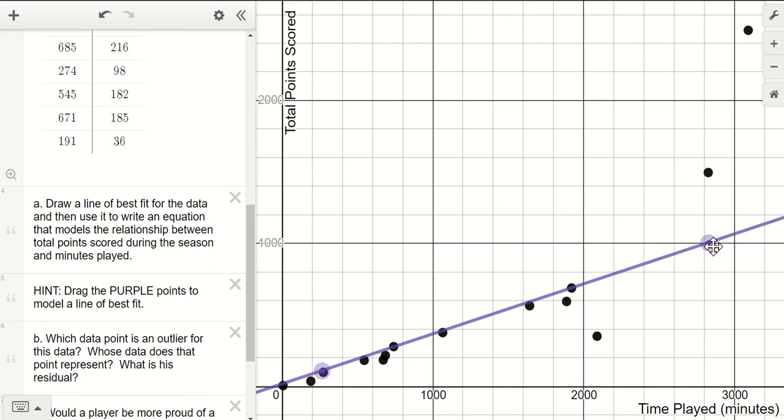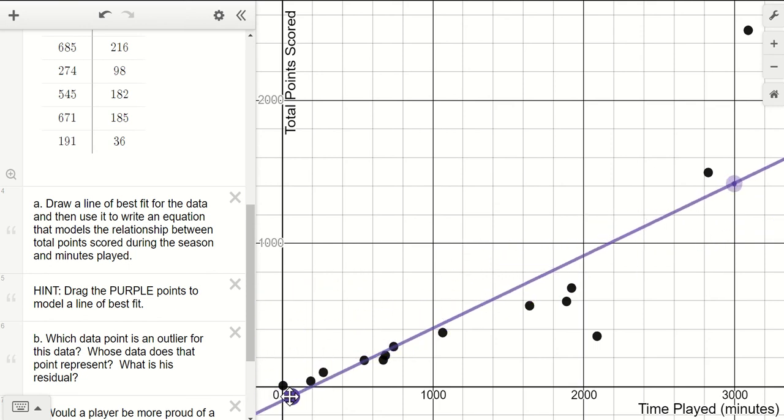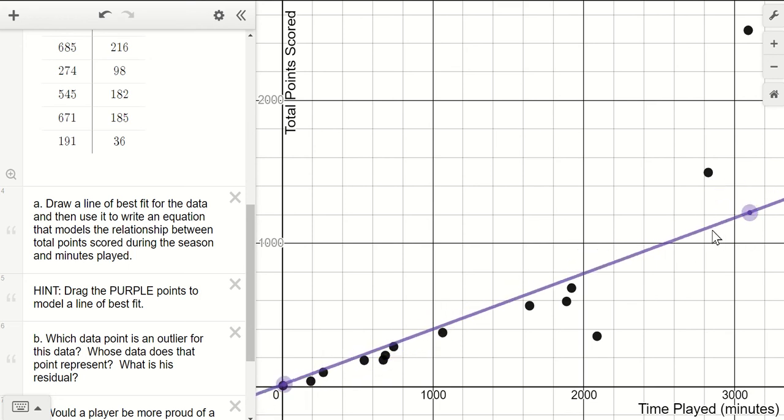So basically what I want you to do right now is consider these points and drag them around until you get a line that you think represents the data well. Once you've got those 2 points, write them down in your notes. This is the notes that you're going to submit, and you can do this as a doc too if you want to type these up.